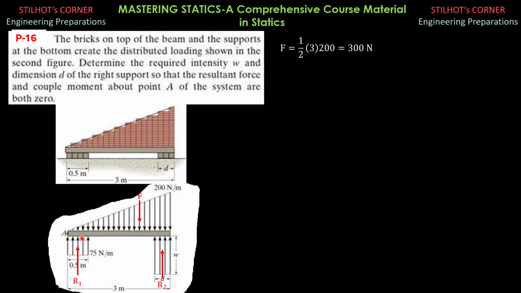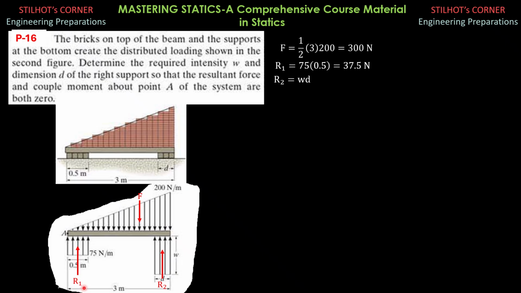R1 is the area of this rectangular line load, 0.5 meter times 75. And R1 equals 75 times 0.5, 37.5 Newtons. R sub 2 is W times D. So that's R sub 2. Then we now have the equilibrium equation, static equation.